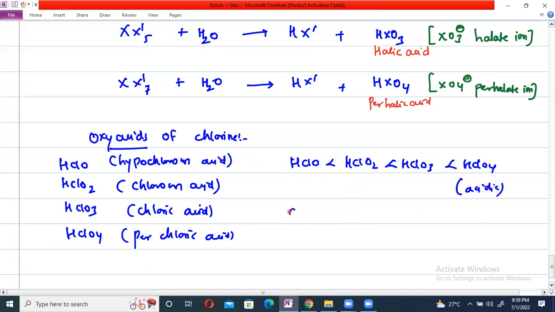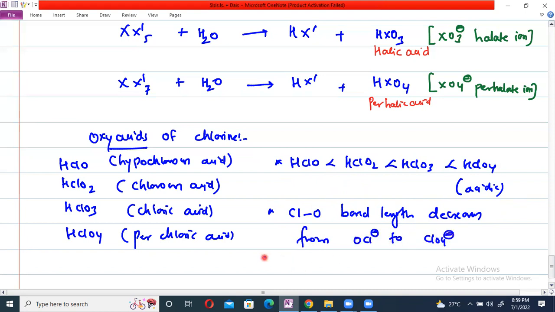But they can ask you about the chlorine-oxygen bond length. So we can say one more point here, beta. The chlorine-oxygen bond length decreases from the salt formed by it, that is OCl negative, to ClO4 negative.